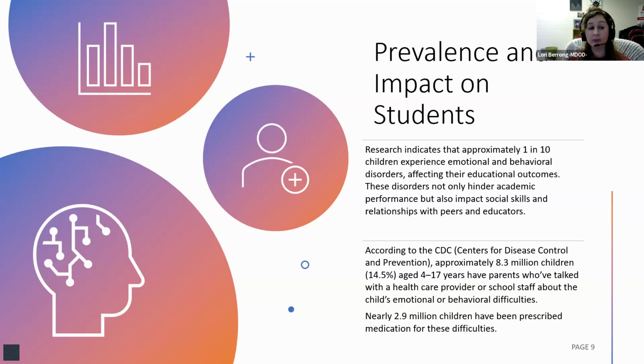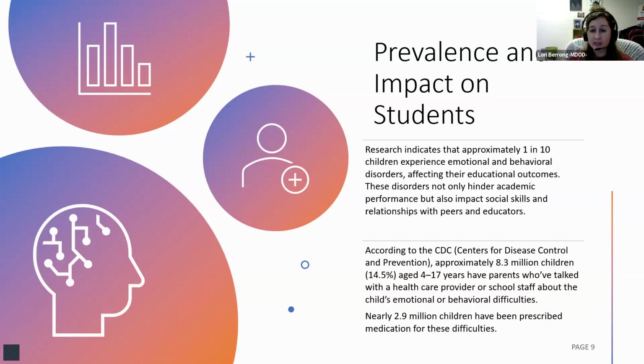And we are going to talk a little bit about some assistive technology solutions that can help with building social skills. But keep that in mind, 1 in 10, that's a pretty significant number. And there are solutions out there that can help build better skills and skill sets.